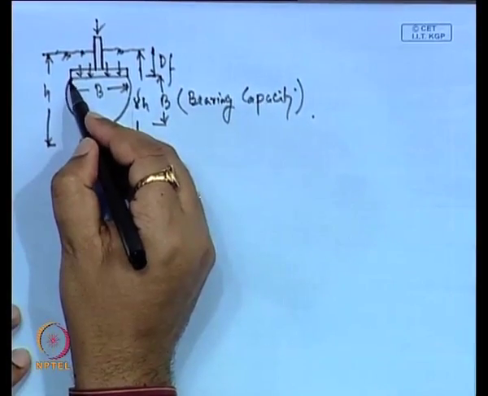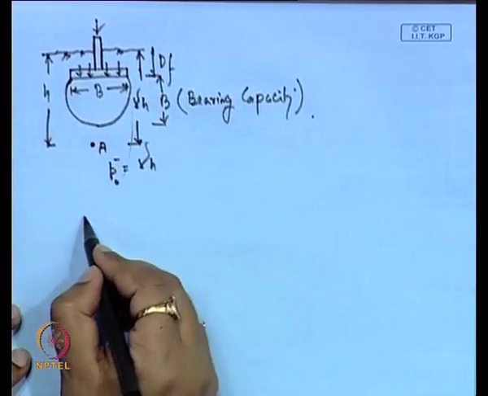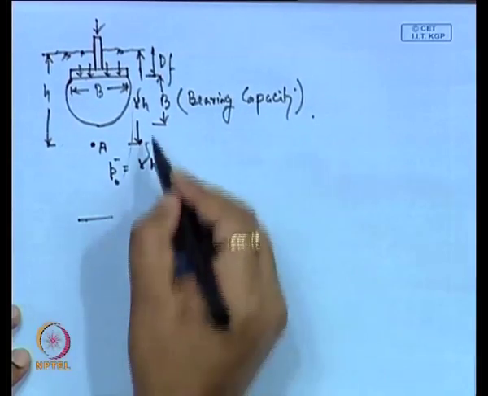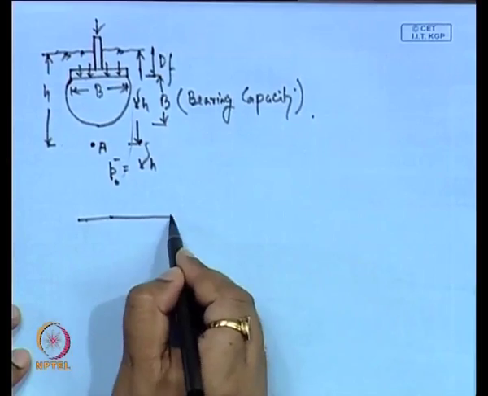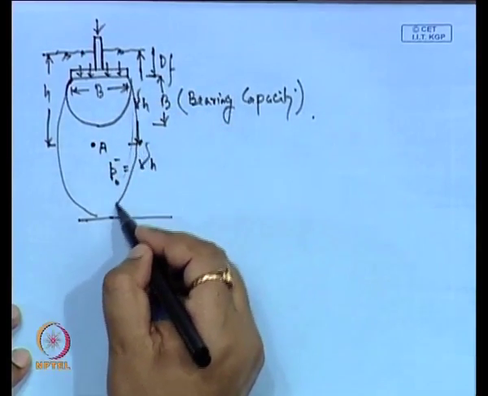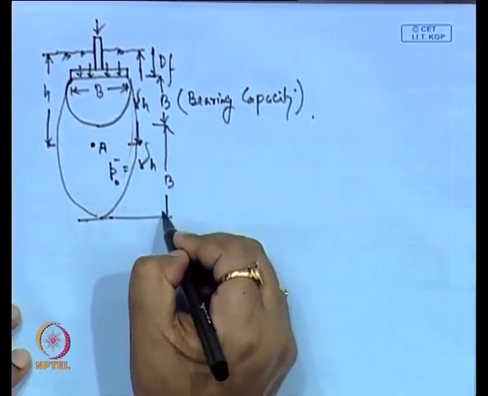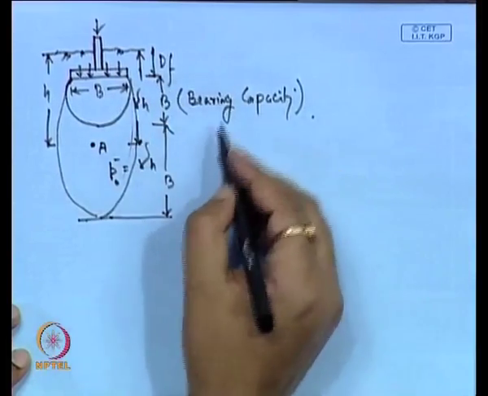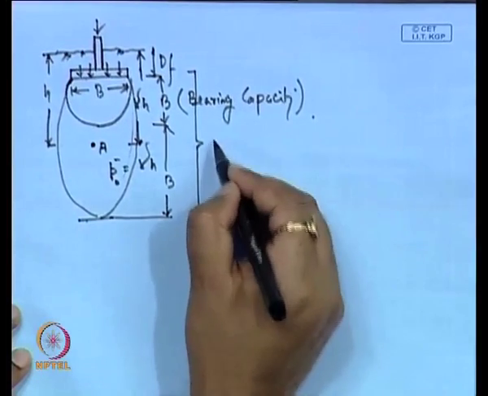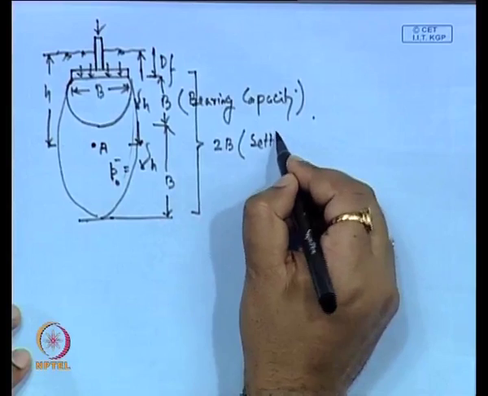For the settlement calculation, we consider the zone which is twice B from the base of the foundation. So, for bearing capacity the influence zone is B, and for settlement it is 2B.